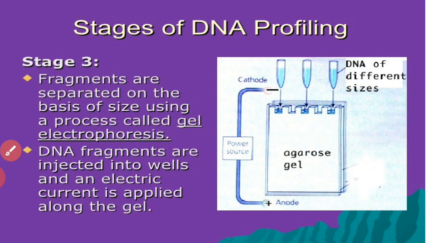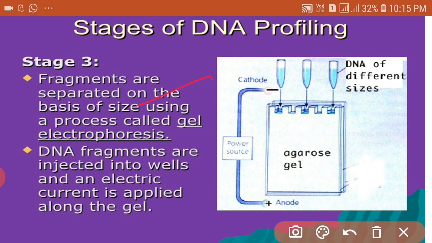Now the third step is fragments are separated on the basis of their size using the process of gel electrophoresis. In gel electrophoresis, current is passed and there is a movement of the DNA fragments.